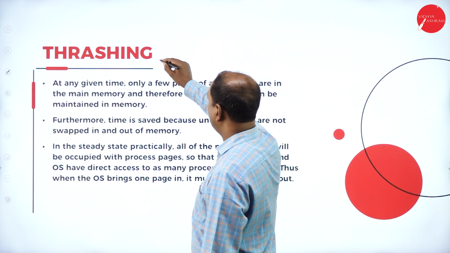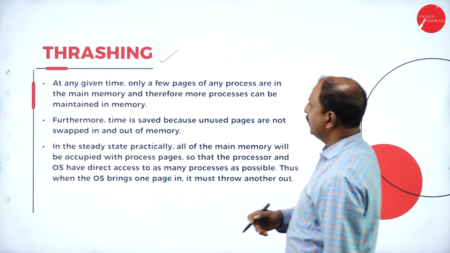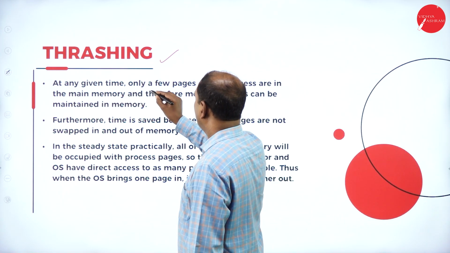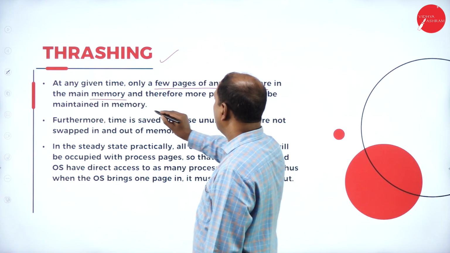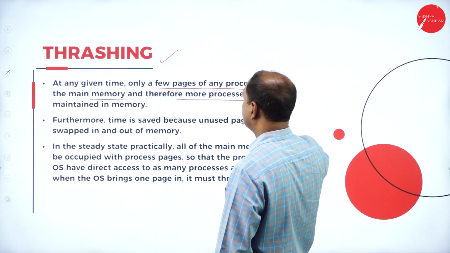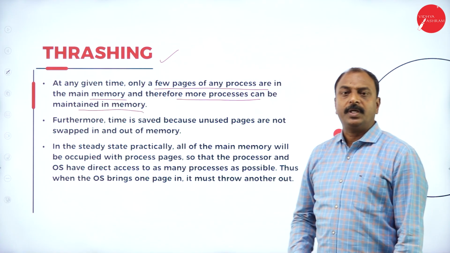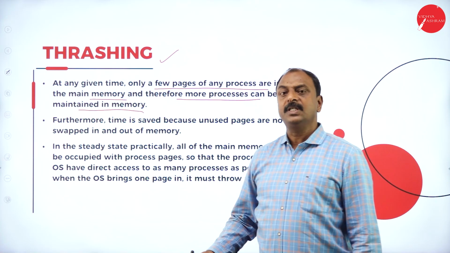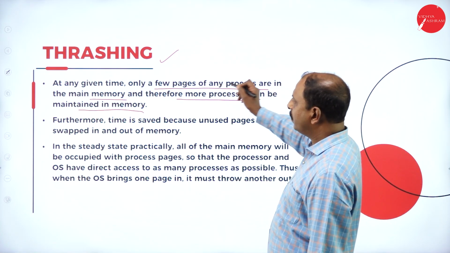Next definition is called thrashing. We told you in the previous slide that at any given time, only a few pages of any process are in the main memory, and therefore more processes can be maintained in the main memory. We know that. Any process to be processed should be in the main memory, and it can have a number of pages.